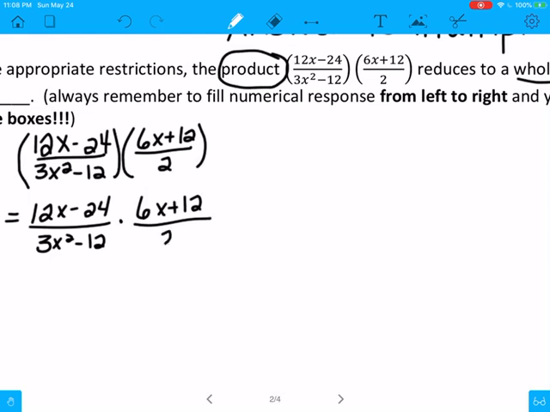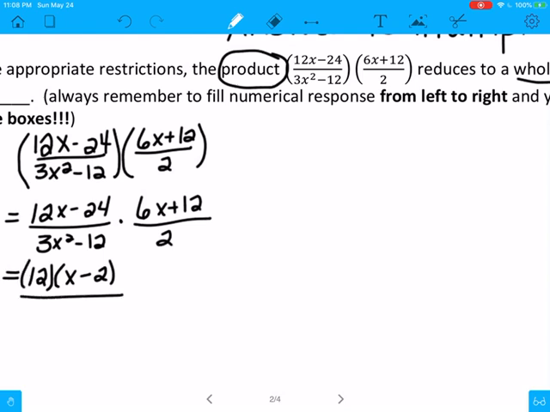It's the same thing. So we look at the top and we say, what can we take out? Top left, the numerator, 12x minus 24. We can take a 12 out of 12x. We're left with x. Negative 24 divided by 12 is negative 2. And the 12 can be in its own bracket.